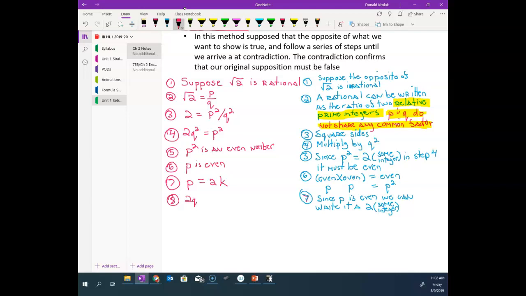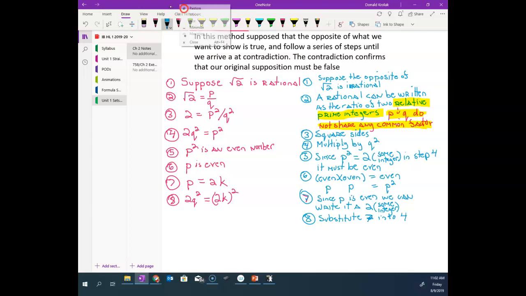So 2q squared equals (2k) quantity squared. So if somebody was looking at my proof, I would say substituted 7 into 4.